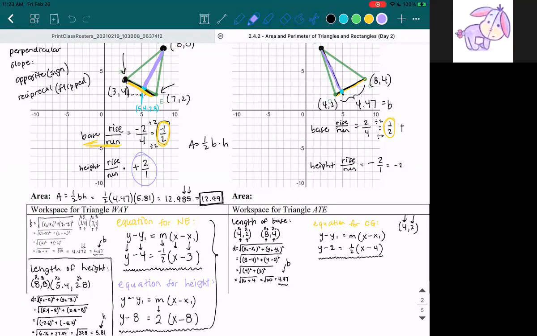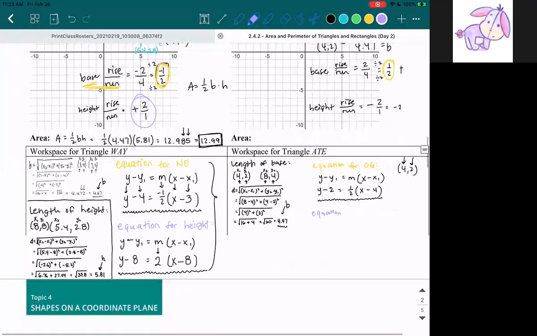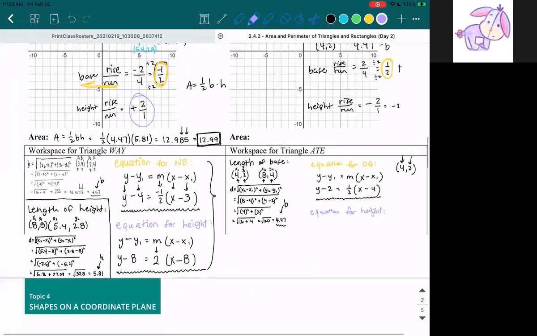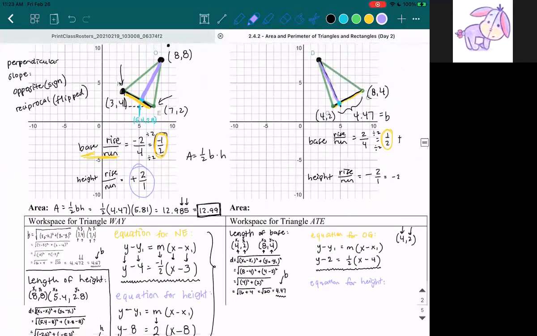Now we also need an equation for the height. So for the height, we still need the slope and a point. So we're going to use point-slope form.